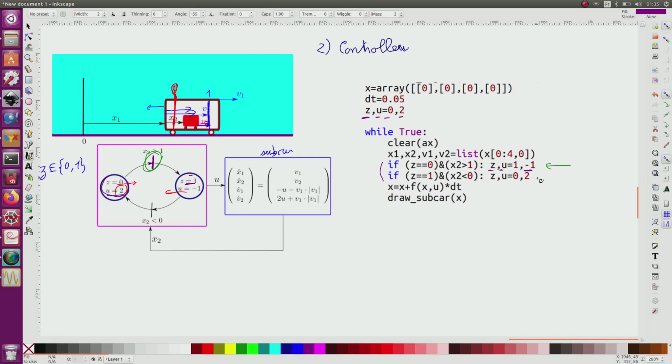Now I have another line here which corresponds to that transition. So if I am in this state, and if x2 is smaller than 0, so my weight goes to the left limit, then I switch to z equal to 0, which was my previous state. So these two lines correspond to my Petri net here. The only state variable I need for this controller is x2, the position of my weight inside the box.